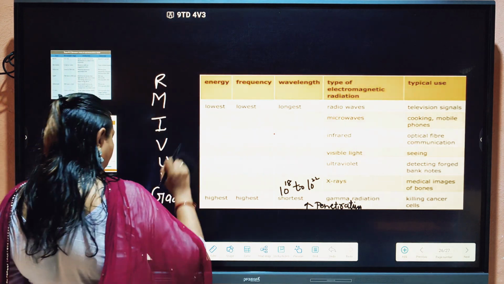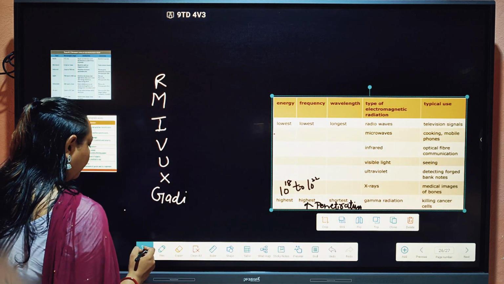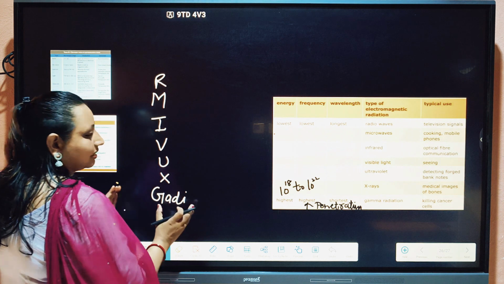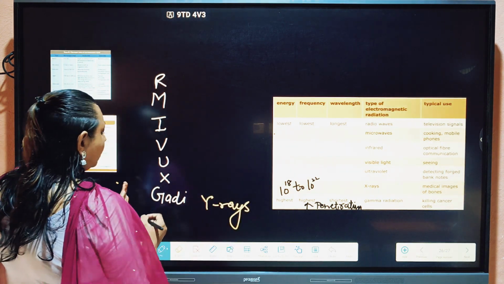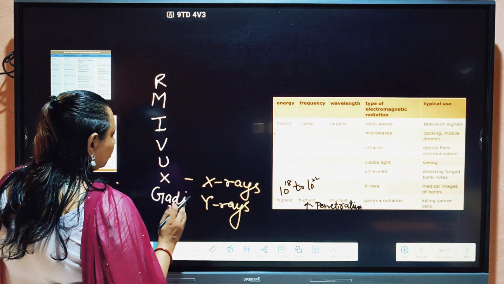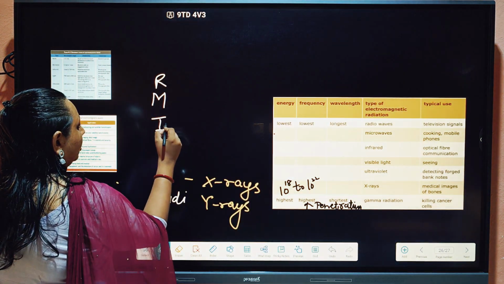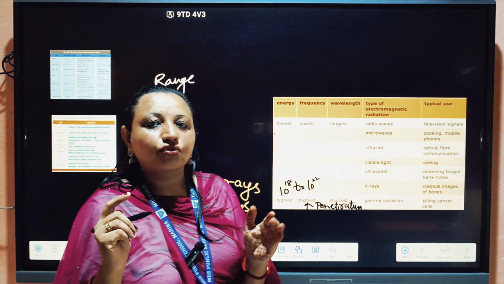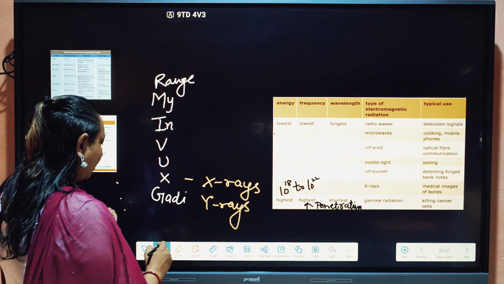Gaudi, that means gamma rays, right? X means X-rays. So, Gaudi XUV in my range. That's how you remember the spectrum of the electromagnetic waves.